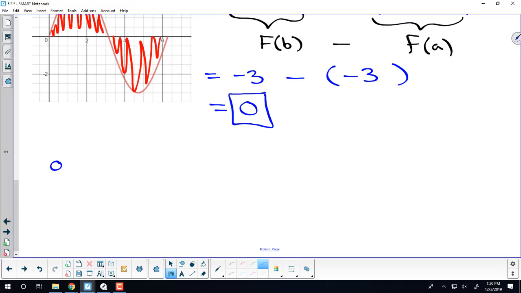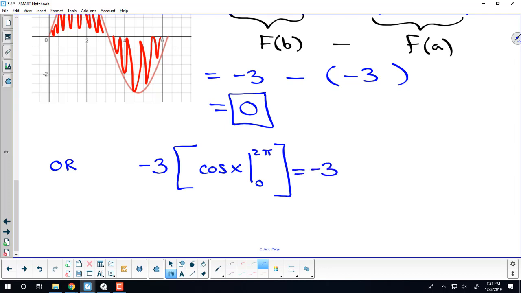Other people choose to leave the constant out and then just evaluate cosine of x from 0 to 2 pi, figure out what that is, and then multiply everything by -3. Because the 0 and the 2 pi are only getting plugged in for x.